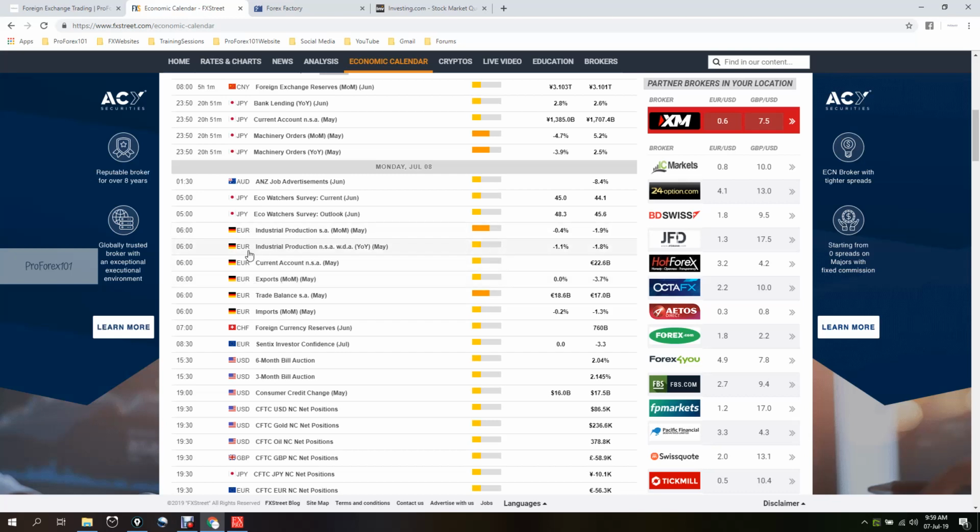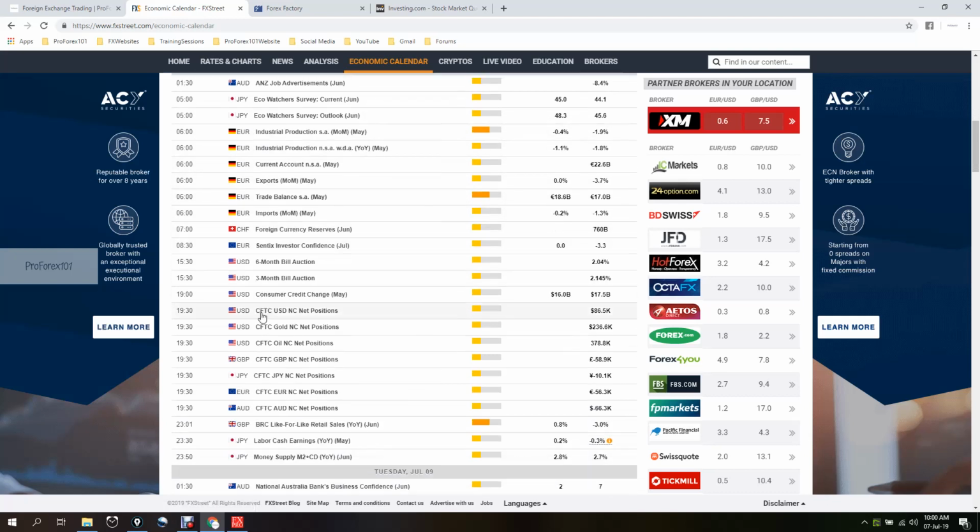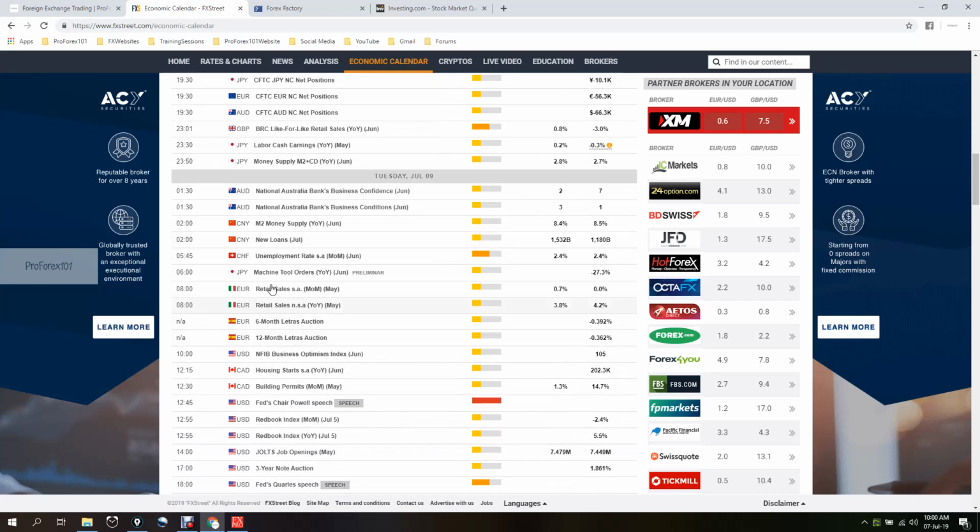So hence, they've said that Germany's trade balance affects the euro. And for instance, this is US consumer credit change, which affects the US dollar. This is Italian retail sales, which affects the euro. This is Spanish 6-month letras auction, and it affects the euro.